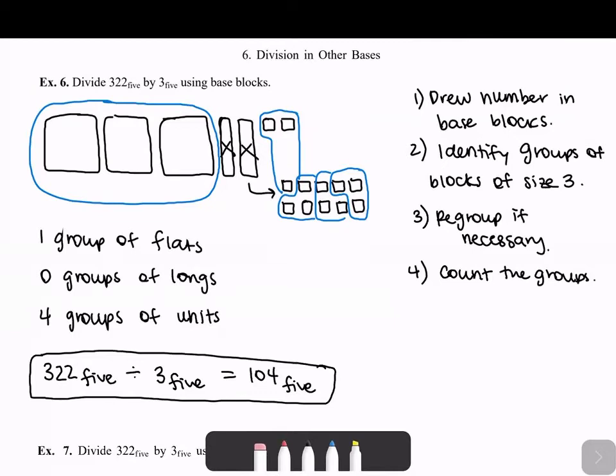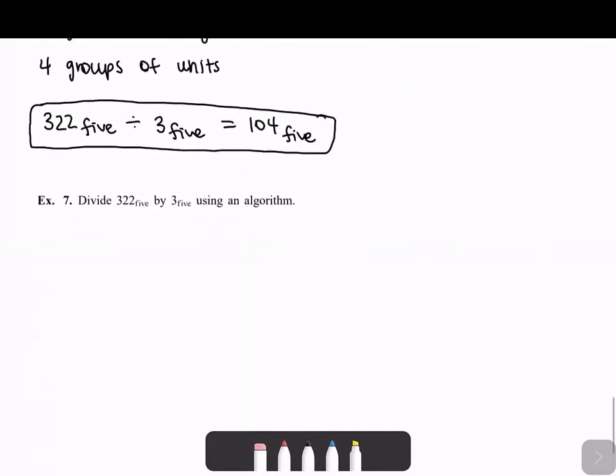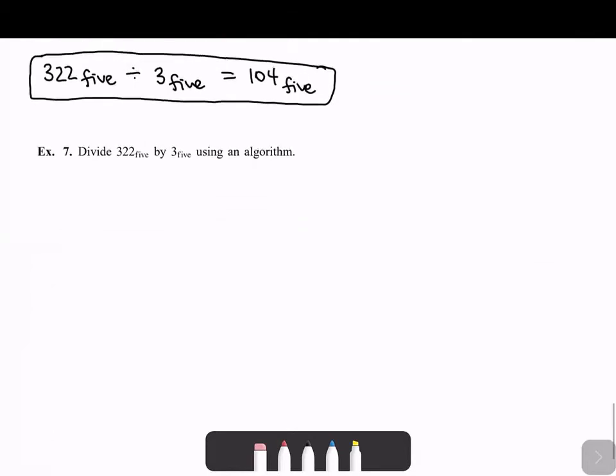So now, instead of using base blocks and regrouping things, we're going to use an algorithm. So the algorithm that I am going to use here in base 5 is the traditional algorithm. So remember, the scaffold algorithm was one that dealt with estimation.